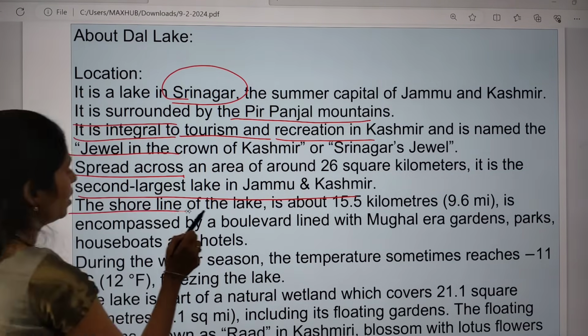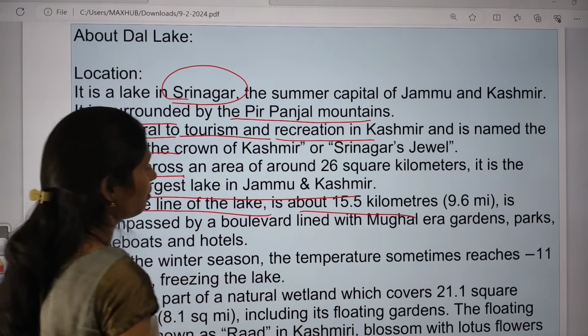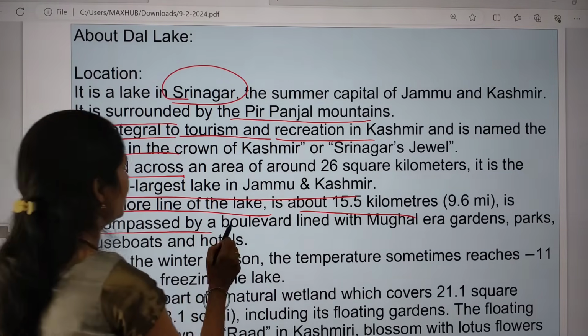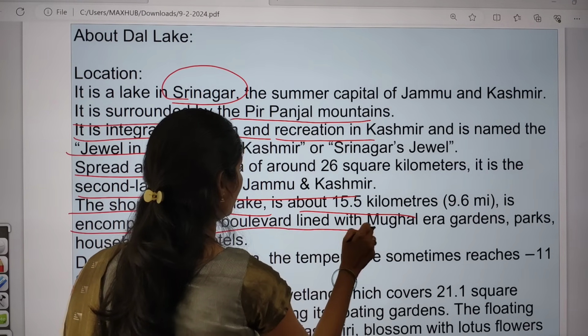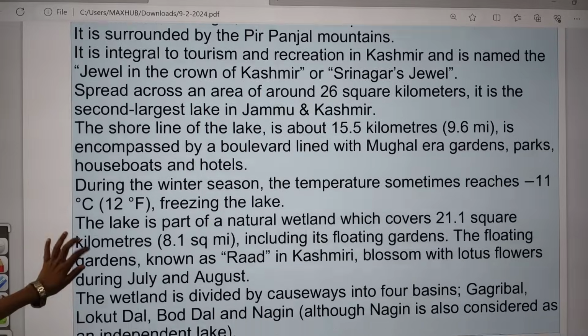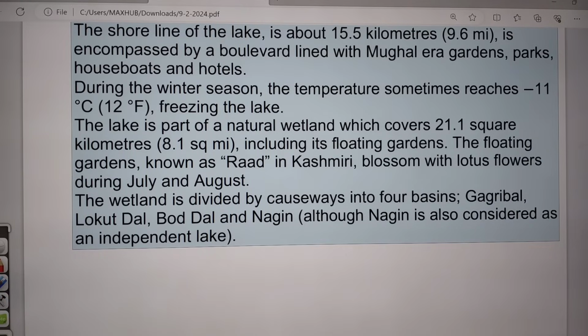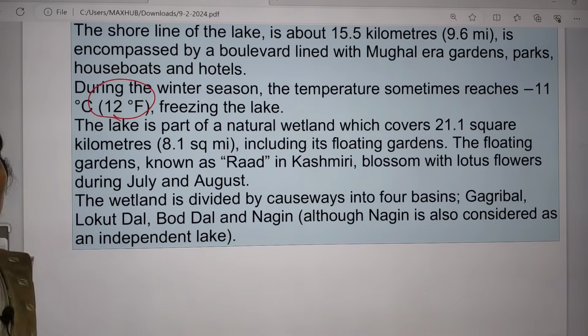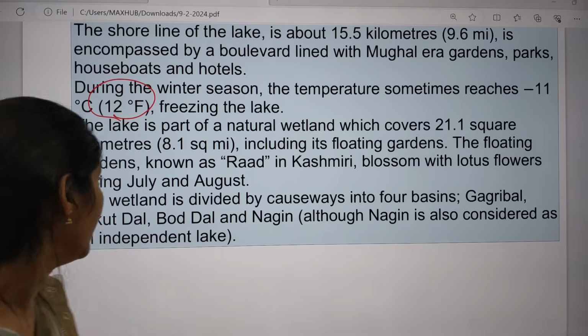The shoreline of the lake is about 15.5 kilometers. It is encompassed by a bowl lined with Mughal era gardens. So we have Mughal era gardens, parks, as well as houseboats. During the winter season, the temperature will be very, very low. It even reaches 12 degrees Fahrenheit. That will lead to freezing of the lake.